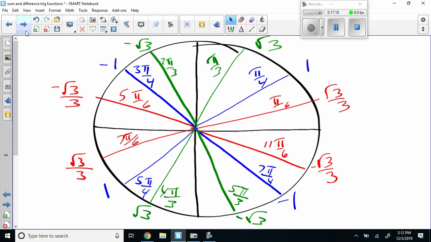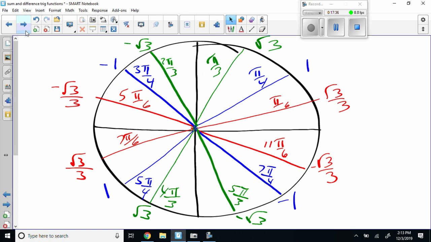Okay, so here's 1 pi over 4. Here's 2 pi's over 4. 3 pi's over 4. 4 pi's over 4. 5 pi over 4. 6 pi over 4. 7 pi over 4. Back at 2 pi is 8 pi over 4. So 9 pi over 4 is really who?